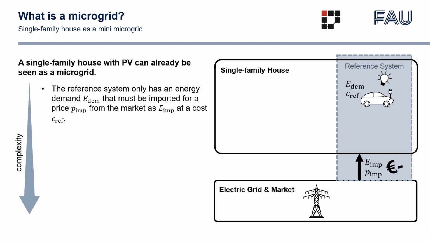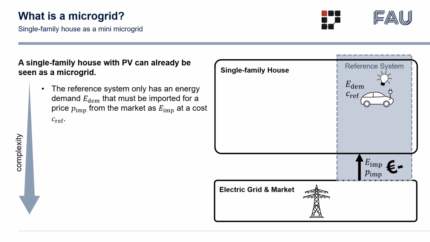ownership. In my publication, I used a single family house as a use case since it's quite a prevalent and heavily discussed topic right now, at least in Germany and also worldwide. And here the reference system looks like a traditional house. So you only have energy demand, here abbreviated by capital E_DEM.